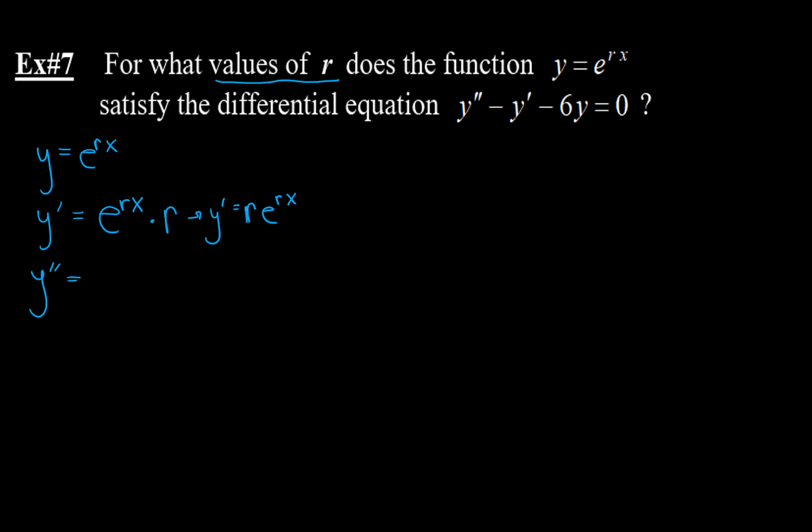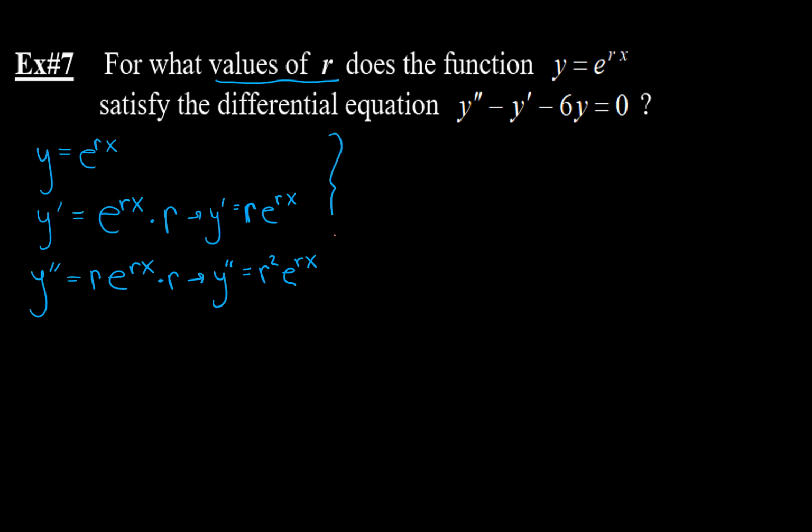This r goes along for the ride, and then the derivative of e to the u is e to the u times u prime, which I'm going to rewrite too. I could go on forever, but I only need y double prime and y prime for this function.